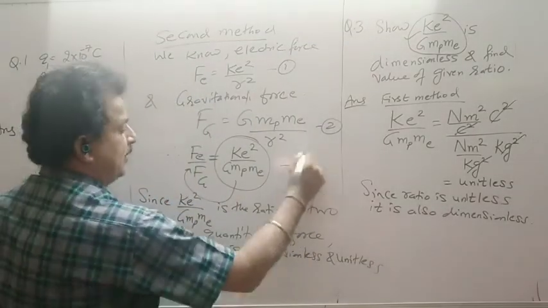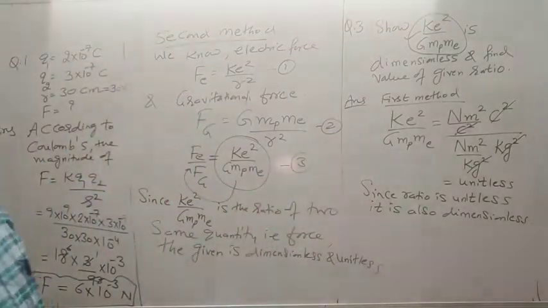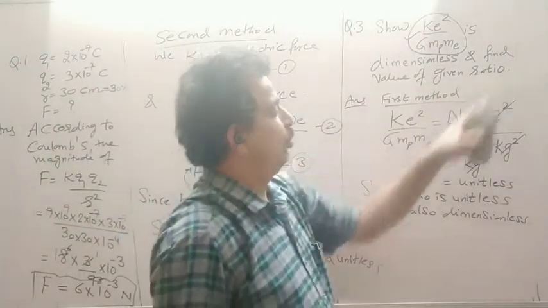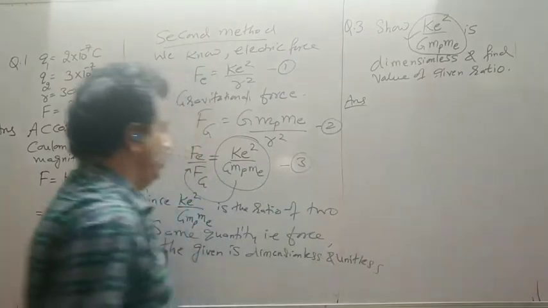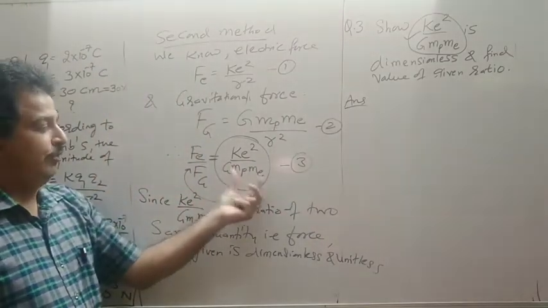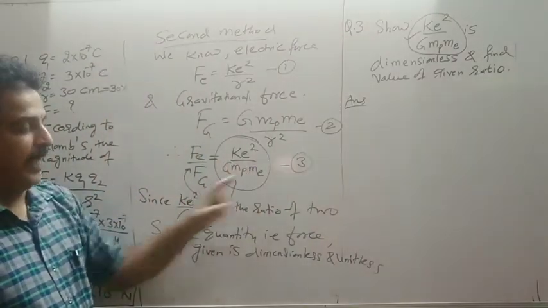Now let us name this equation 3, because we have to find out the value of this given ratio also. Now we know the values of K, G, Mp, Me.